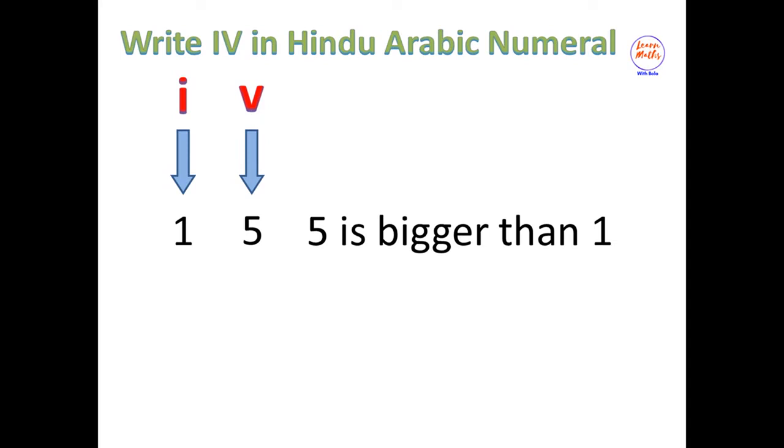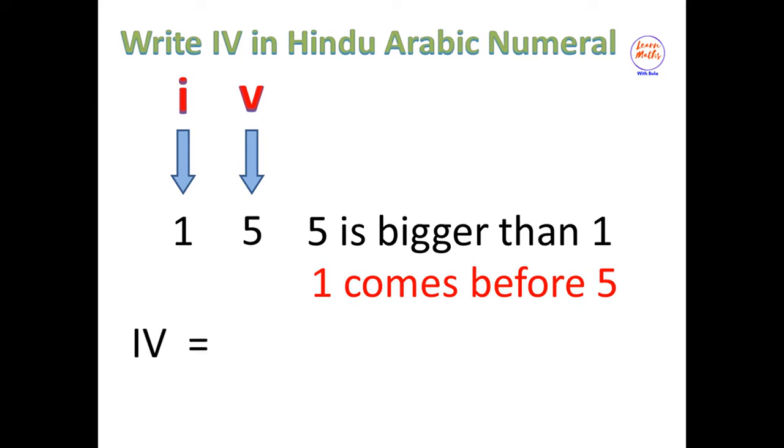So the question now is, is the smaller number coming before the bigger one or after? Looking at the screen, 1 comes before 5, so the smaller number comes before the bigger number. In that case, the subtractive property will hold.